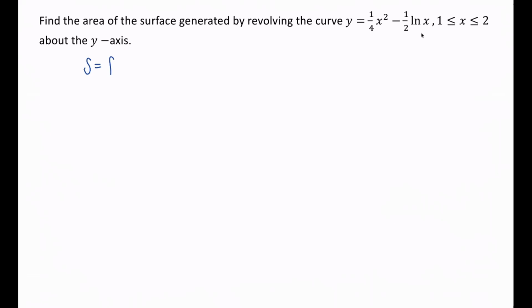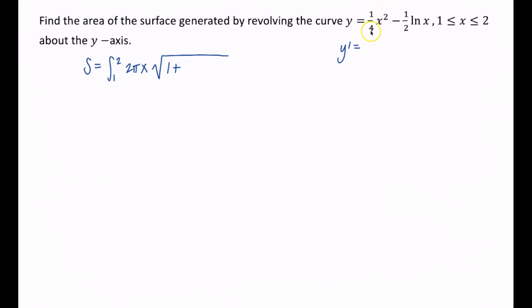So we'll say the integral from 1 to 2 of 2 pi. And then again, everything here is going to be in x, and we're rotating around the y-axis. So we're going to go ahead and have x, so that distance from the y-axis is a horizontal line x. So we're going to have x, and then the square root of 1 plus the derivative as a function of x. So let's go ahead and find the derivative over here, y prime.